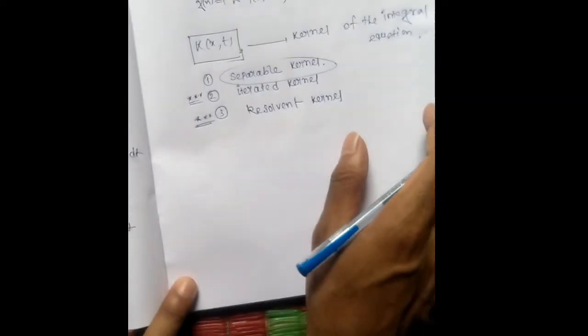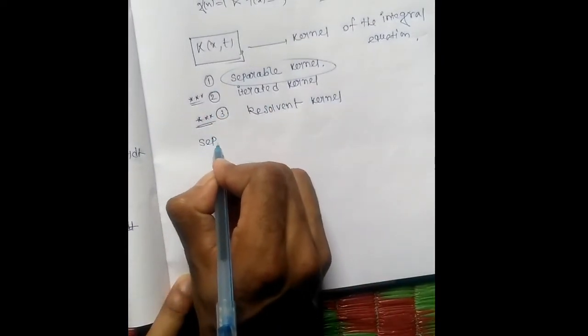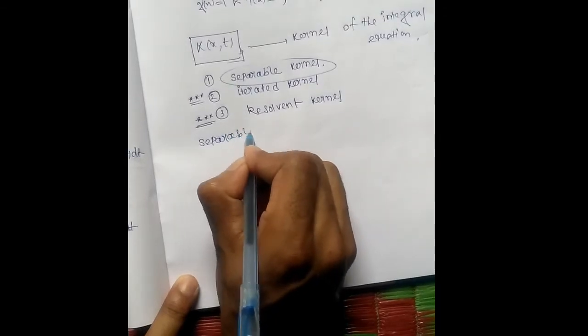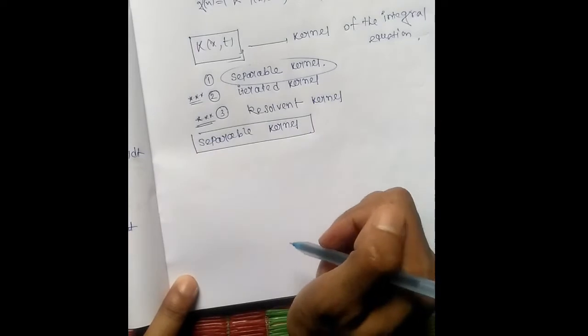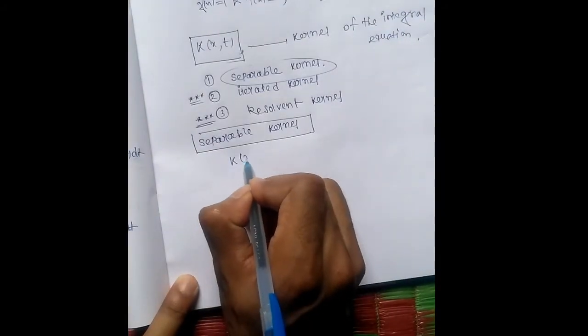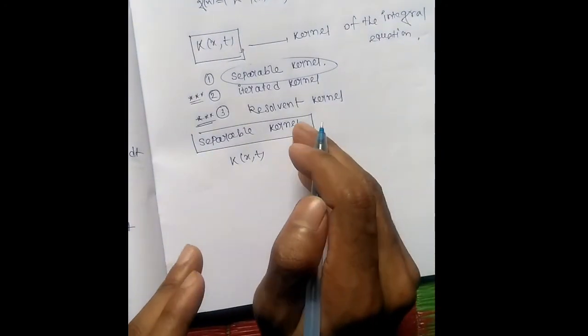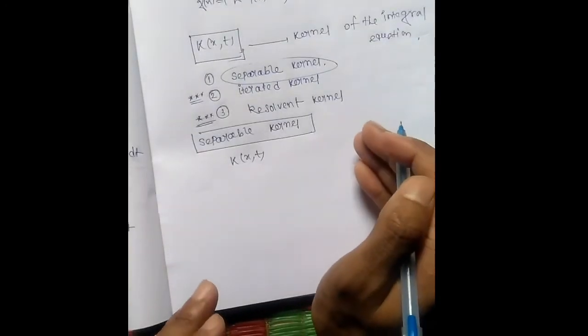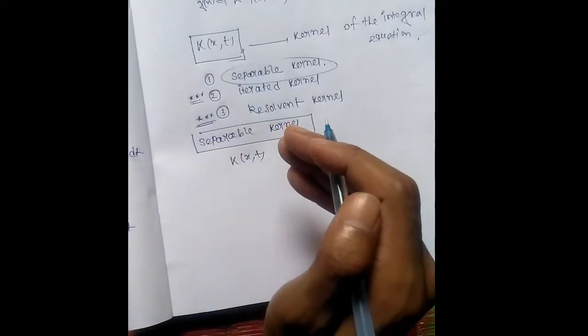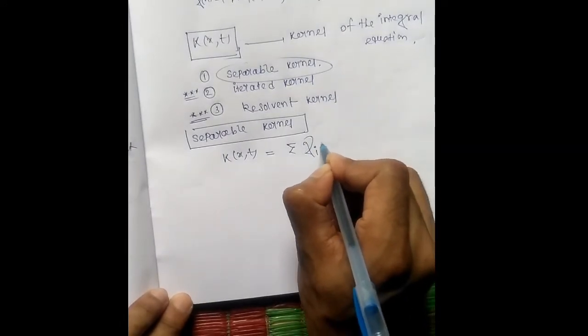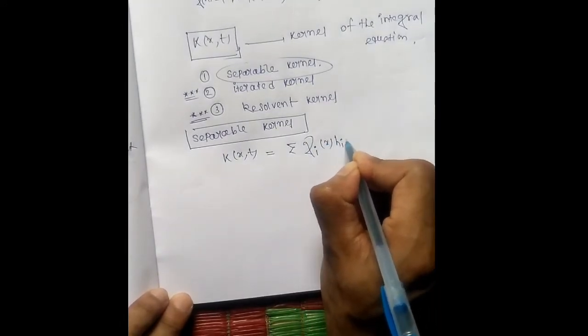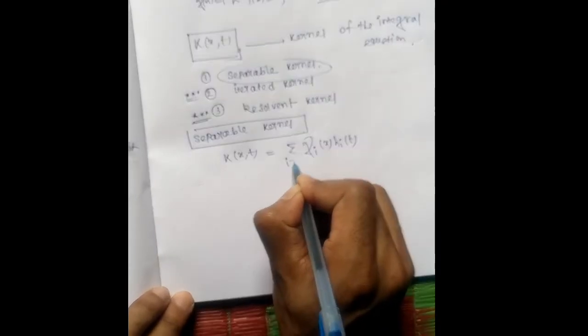So first of all, separable kernel. A separable kernel is a sum of a finite number of terms, where each term is a product of x and t only. That is, it can be written as the sum of g_i(x) h_i(t), i equal to 1 to n.